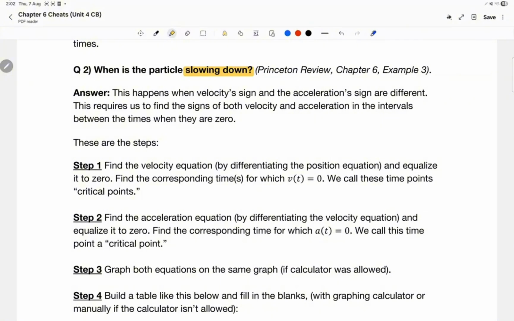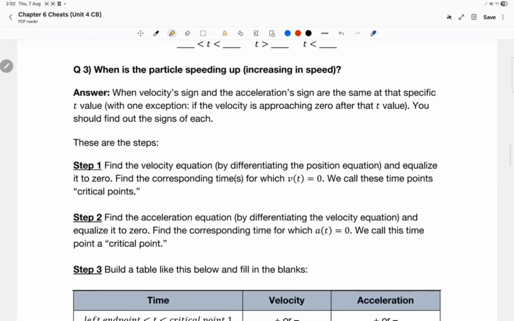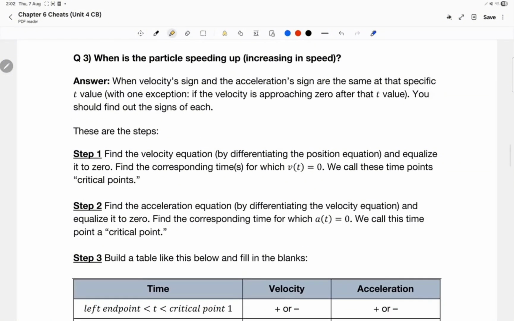So yeah. Now, when is the particle speeding up? The velocity and acceleration have the same sign, either both positive or both negative. Slowing down: velocity and acceleration have opposite signs of each other. Speeding up, they must have the same sign as each other. Speeding up just means increasing in speed.